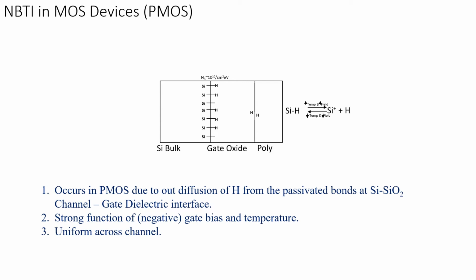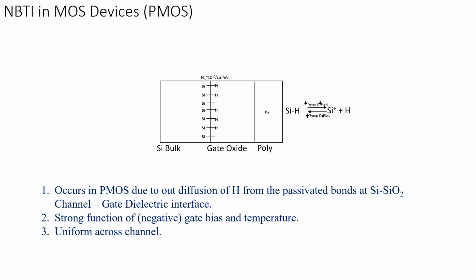Furthermore, these hydrogen species can combine into elemental hydrogen, and then that hydrogen itself can out diffuse towards the gate. So essentially, this model of NBTI is called the reaction diffusion model. Why reaction diffusion?